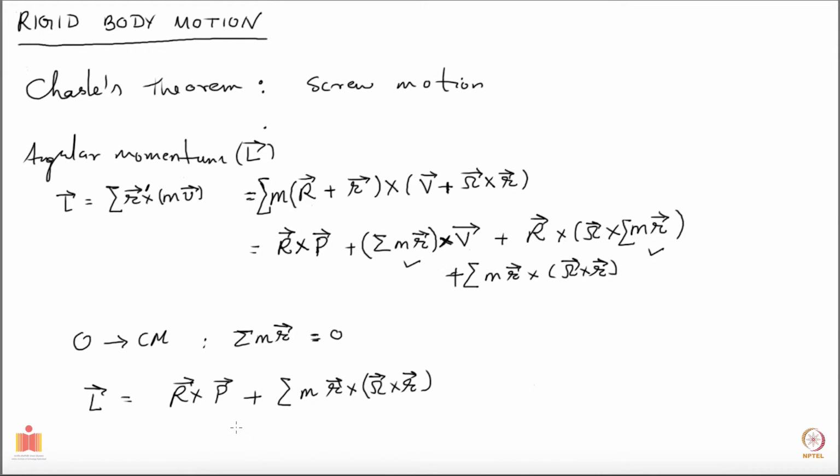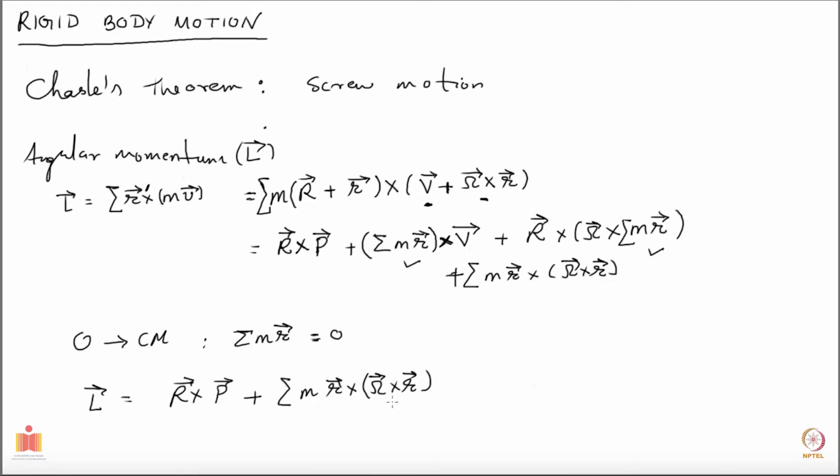Okay, so this piece is really due to the rotation of the body, right? Because this is what this omega cross r gives you. This part was for the translation. This part was for the pure rotation about the rotation axis.